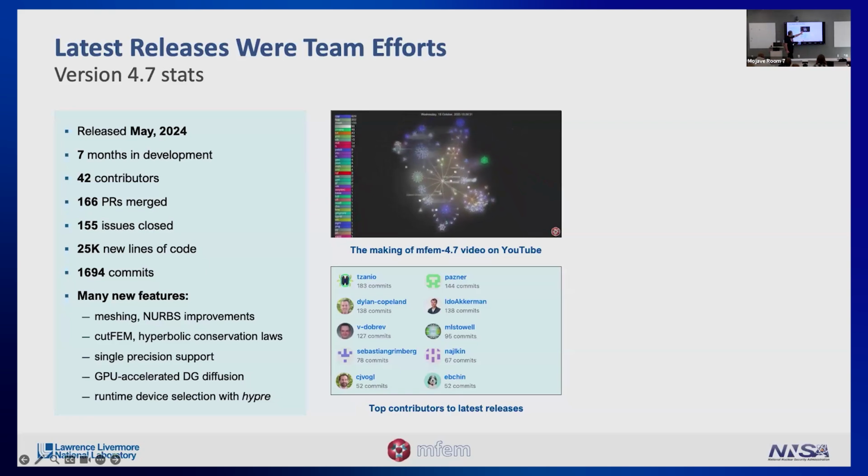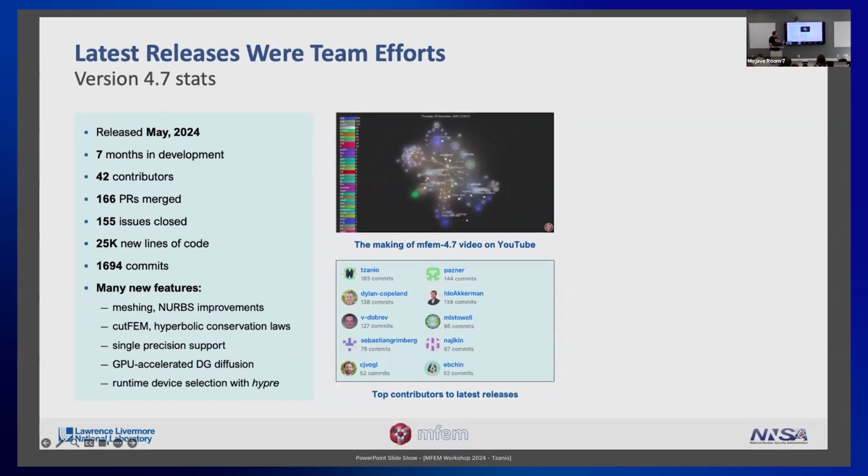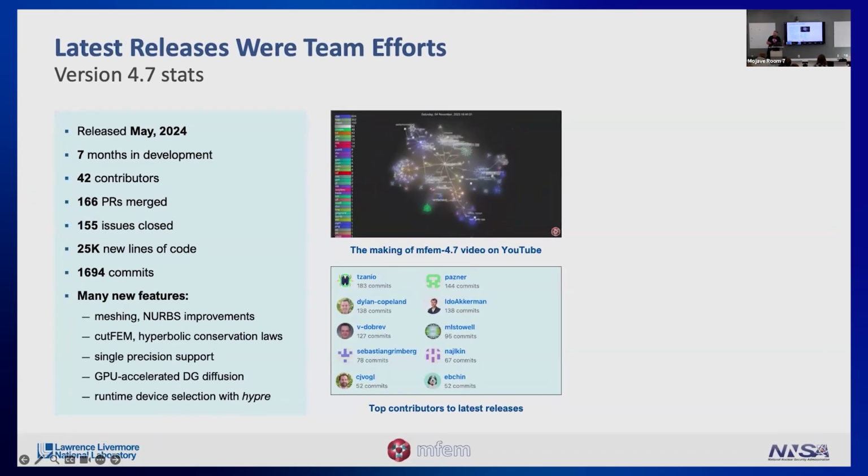I think it's 1 day per second or something like that, so you can see the activity and the spread. 166 pull requests, and 50 issues, 25,000 lines of new code. This is code that needs to be reviewed. So maybe we are not actively looking for reviewers, but if you want to be a reviewer, please let us know. We could use help with reviewing all these contributions.